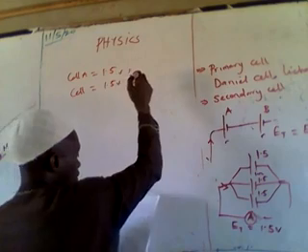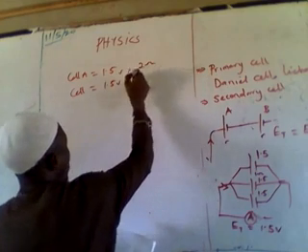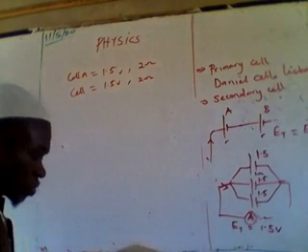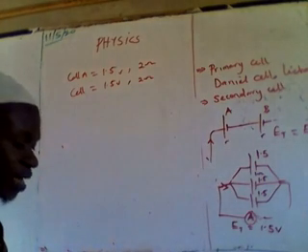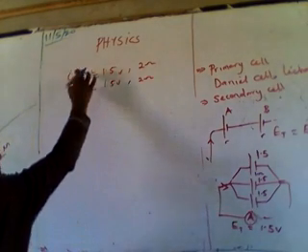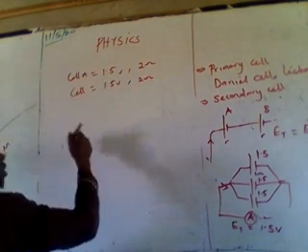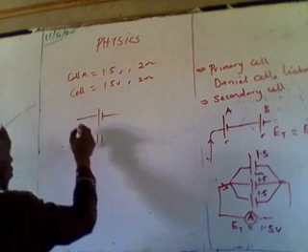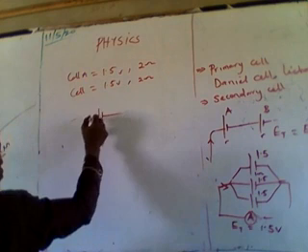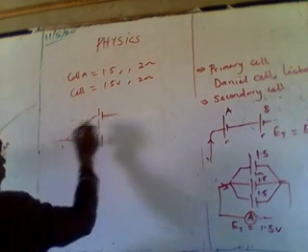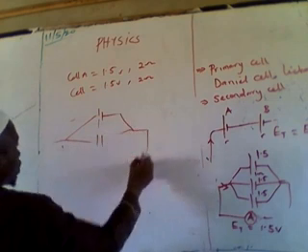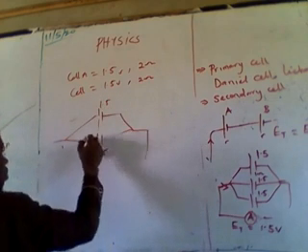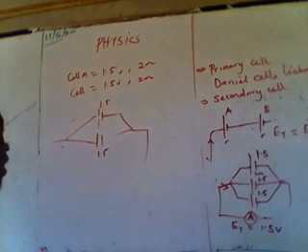The internal resistance of this one is 2 ohms, and likewise this one is 2 ohms as well. They are connected in parallel. Let's try to draw out the diagram for that. This is one, then this is another one. This is 1.5, this is another 1.5. They are connected in parallel.